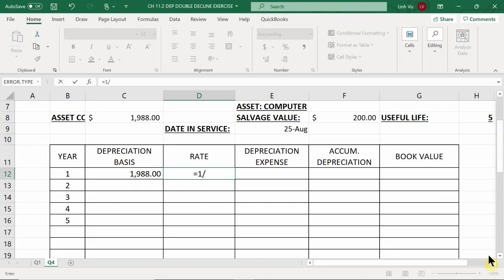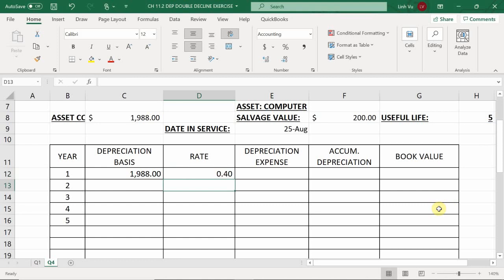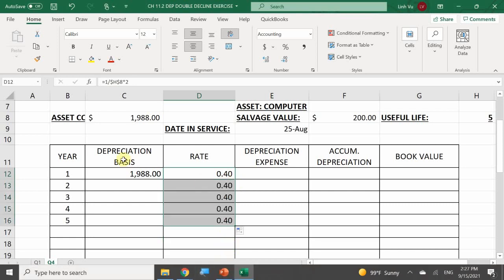Good, because it's 1 divided by 5 times 2. And just by knowing this key feature, we know that this rate is going to stay the same all 5 years.